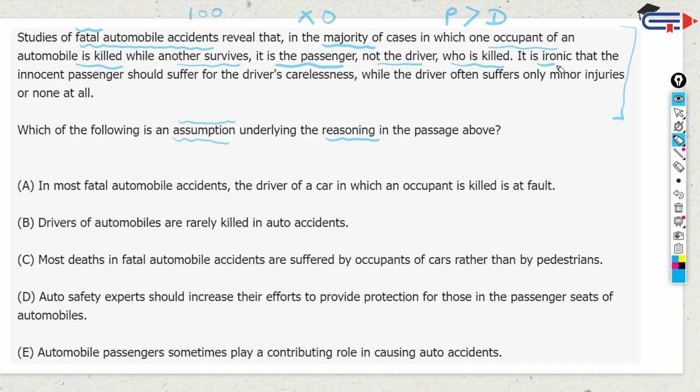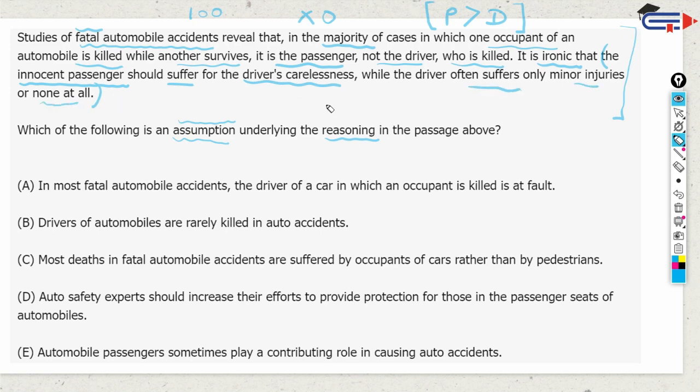It is ironic that... ironic basically means now they are going to show something opposite of what they expected, something because of which this statistic should not occur. It is ironic that the innocent passenger should suffer for the driver's carelessness, while the driver often suffers only minor injuries or none at all.